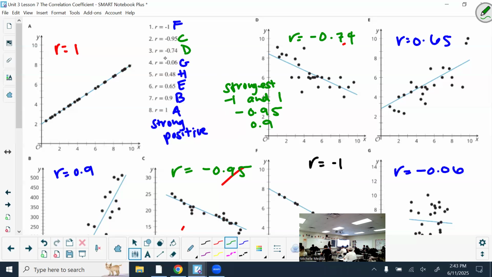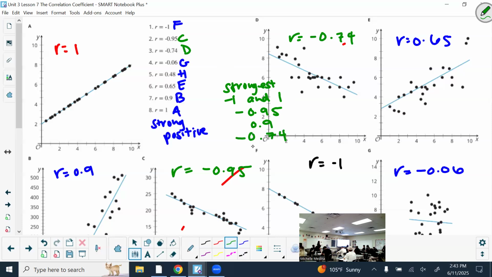The next highest one would be what? Now we're just ranking the R values that we had from strongest to weakest. So -1 and 1 are equally as strong. Then next would be -0.95, then 0.9. Which one's the next strongest? The -0.74.